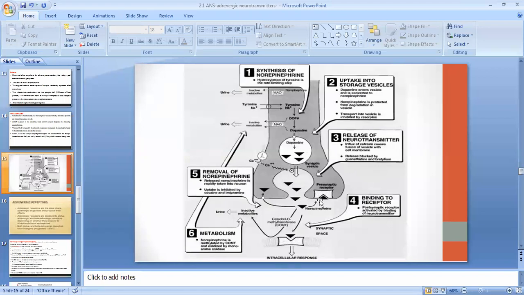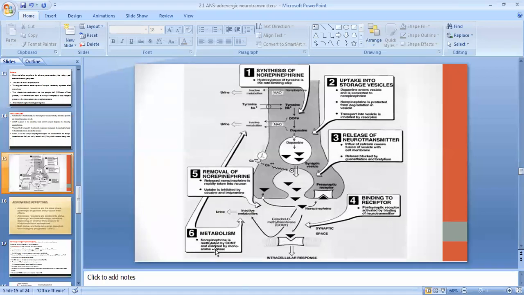Now, when they are released in the nerve ending, they bind to the receptors. So the postsynaptic receptors are activated by binding the neurotransmitters. These are the receptors which are present on the cell or the second nerve ending, and they are going to bind. And if they are not bound, they are metabolized.